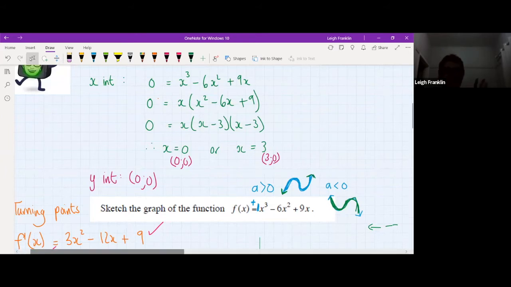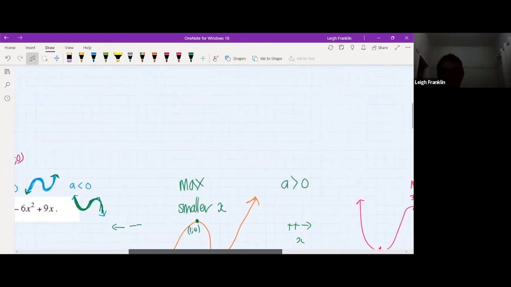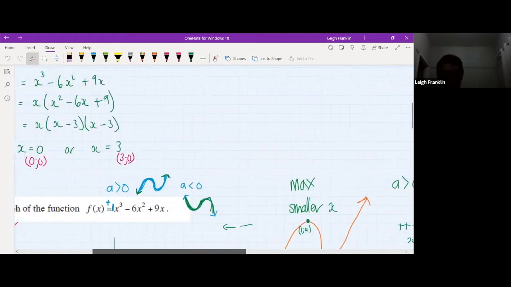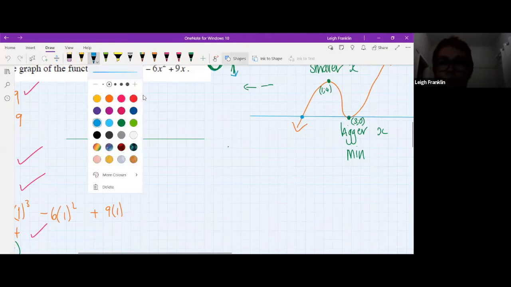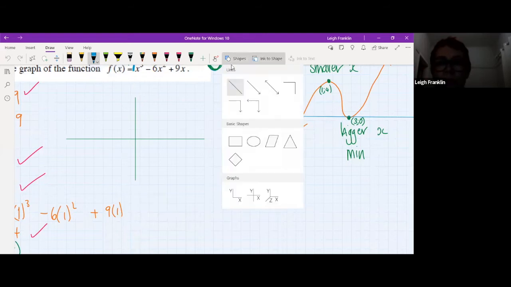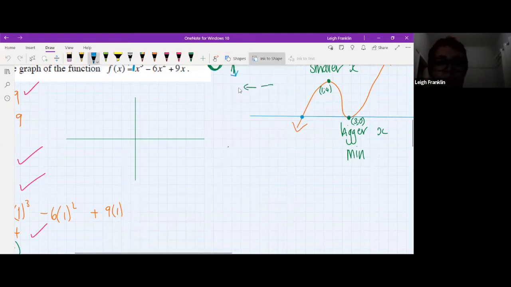Our x-intercept and our y-intercept in this case is the same point. Okay, it's the same point, which means that our y-axis has also got to go through, not that one, sorry, this one, that color. It's got to go. Oh, I'm just going to move it a little bit.